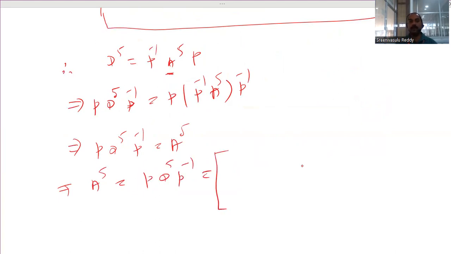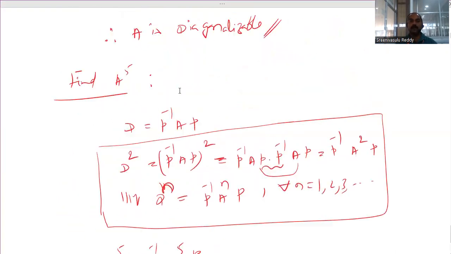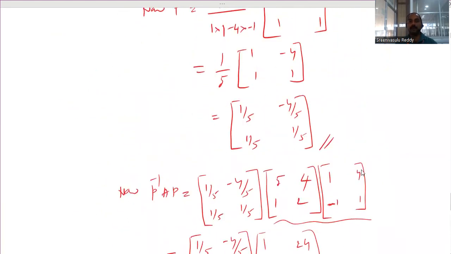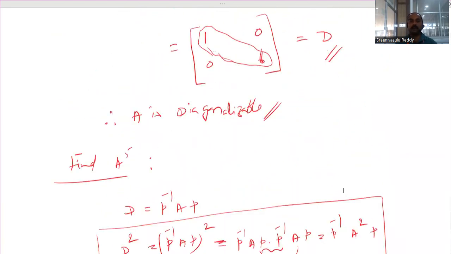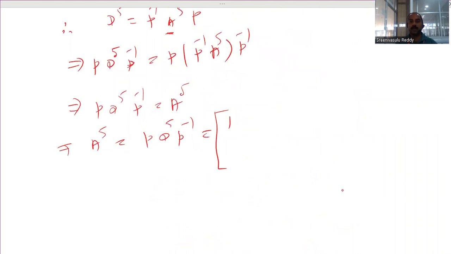P means the eigenvector matrix. The eigenvectors are 1, minus 1, 1, minus 1, 4, 1. D power 5 means the diagonal matrix is this one. We got the diagonal matrix, this one, whole power 5.